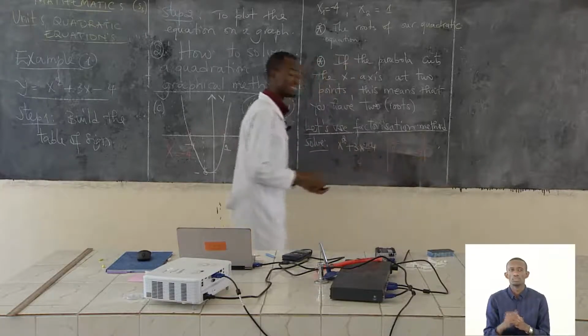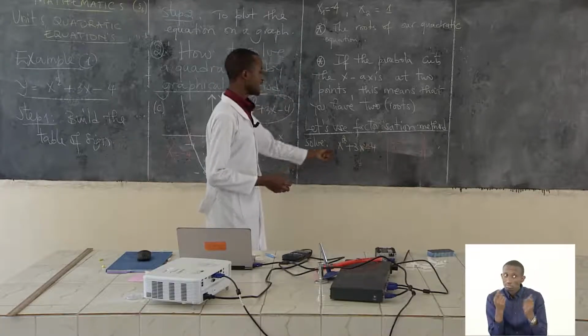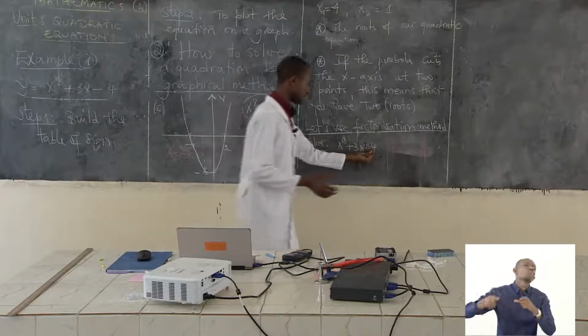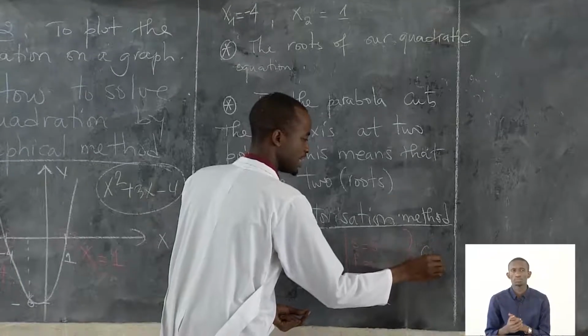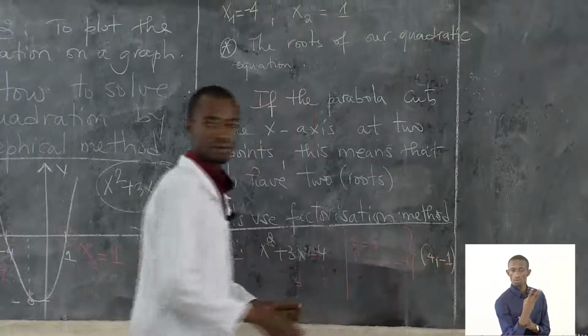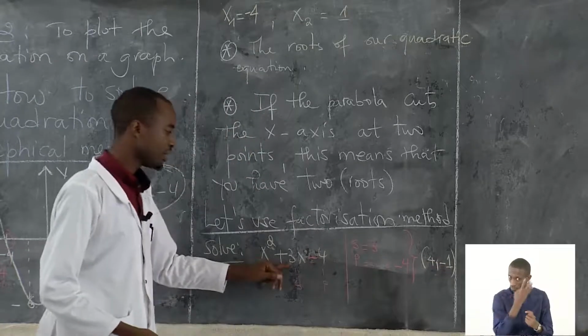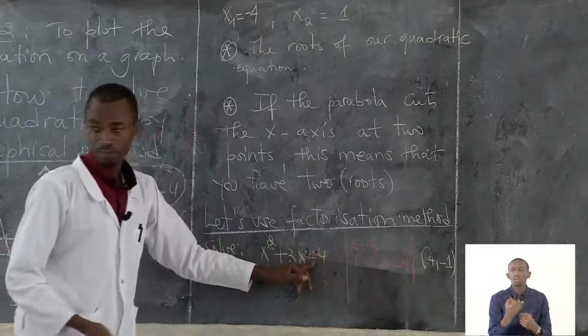You need to look at these 2 numbers. Which numbers can I add and get 3, but when I multiply, I get -4? Let me have 4 and -1. If I take 4 plus -1, I will get 3. If I take 4 times -1, I will get -4.